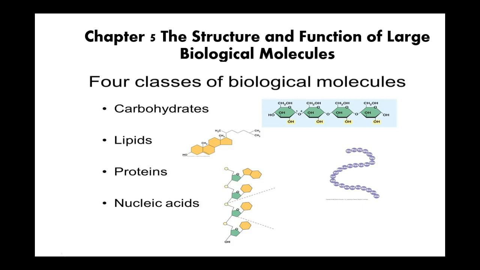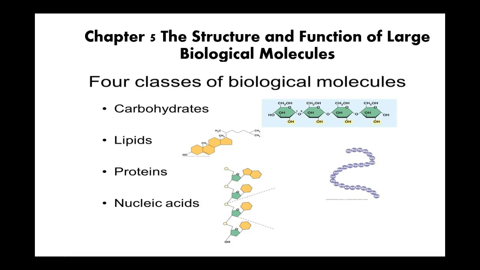And there are four classes of biological molecules that do something similar to this, not always the same: carbohydrates, lipids, proteins, and nucleic acids. Probably those terms sound pretty familiar to you, at least carbohydrates and proteins. Lipids, in layman's terms, we tend to call fats, although it's more correctly called lipids.